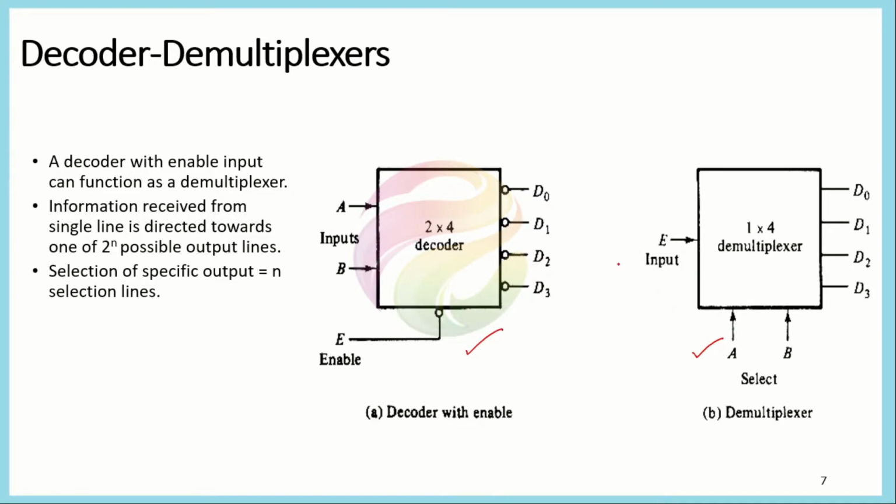So the behavior of both of these will be the same, because in this we would be changing A and B as input here, while in the demultiplexer we will be changing A and B, or selecting the min terms, through this select line. Both will have the same functionality, that at any given time only one of them would have a value equal to 1.